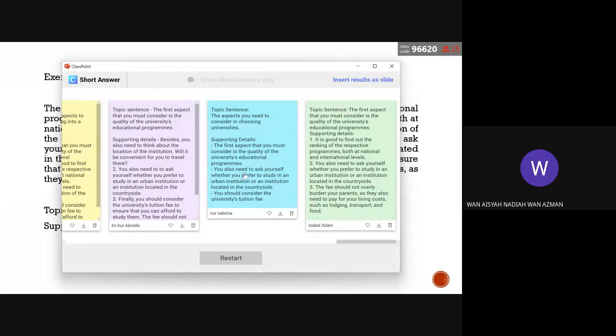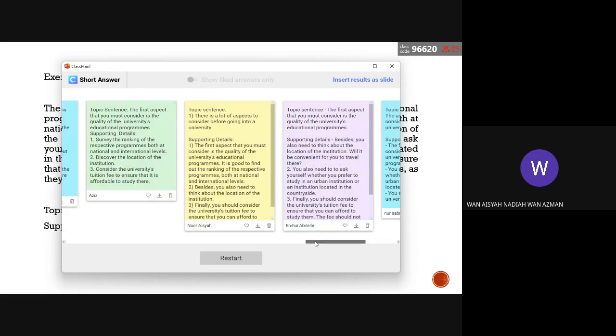You need to ask yourself whether you prefer to study in an urban institution or an institution located in the countryside. So for the second supporting detail, this would be the elaboration of the main supporting detail.